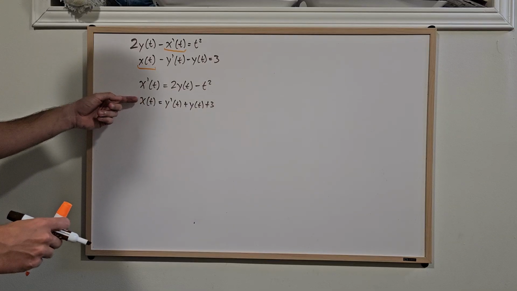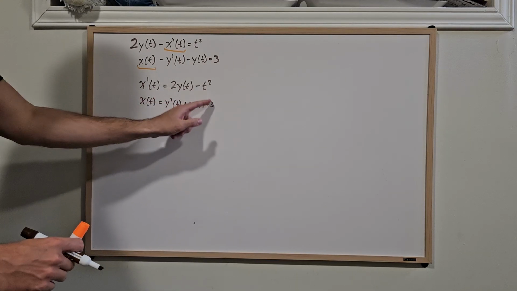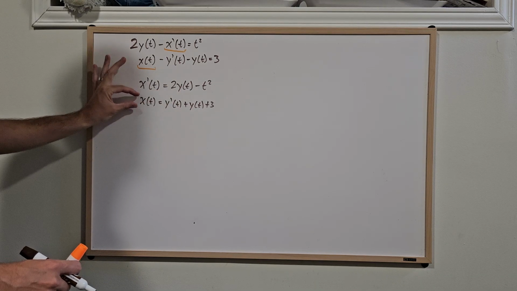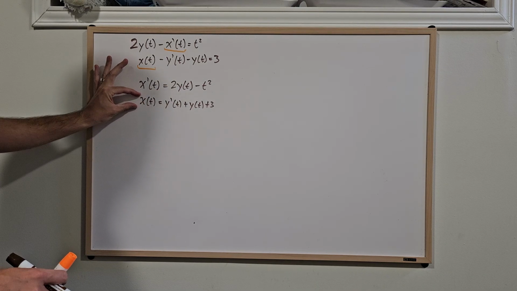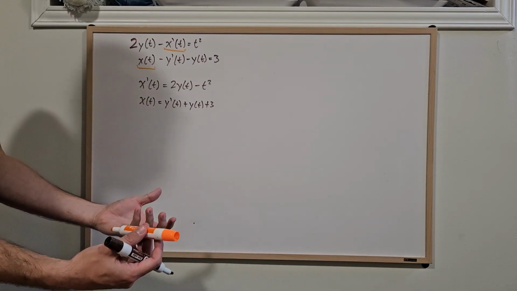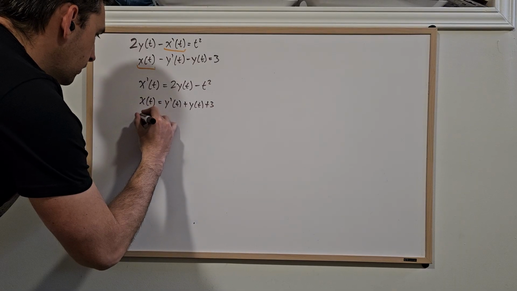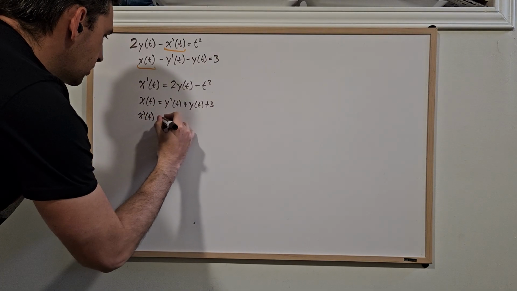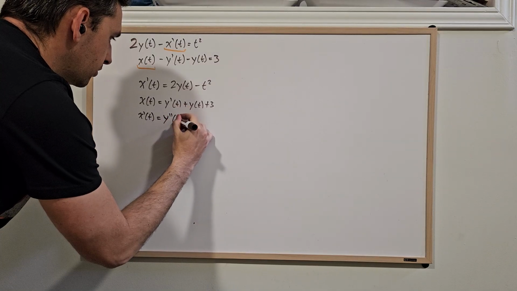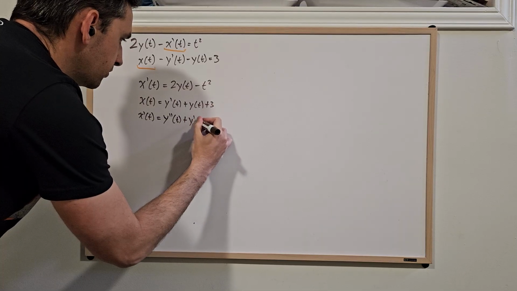What we're going to do here is take the derivative of this part, okay? Because I have an x prime of t over here, I'm going to see if I can find another x prime of t over here, and then we're going to equate them and see what kind of equation that gives us, okay? So, I'm going to go x prime of t. Here the derivative of this is just going to be the second derivative, y double prime of t, plus this is going to be the first derivative.